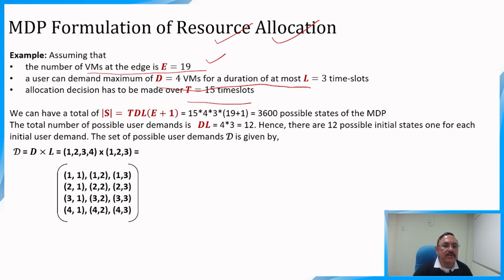We have the total of S is equal to T D L (E plus 1), that is 15 multiplied by 4 multiplied by 3 multiplied by 19 plus 1, that is the number of different possible states. So, the total number of possible user demands D L is 12, hence 12 possible initial states, one for each of the user demands, the set of possible user demands is given by this particular D.